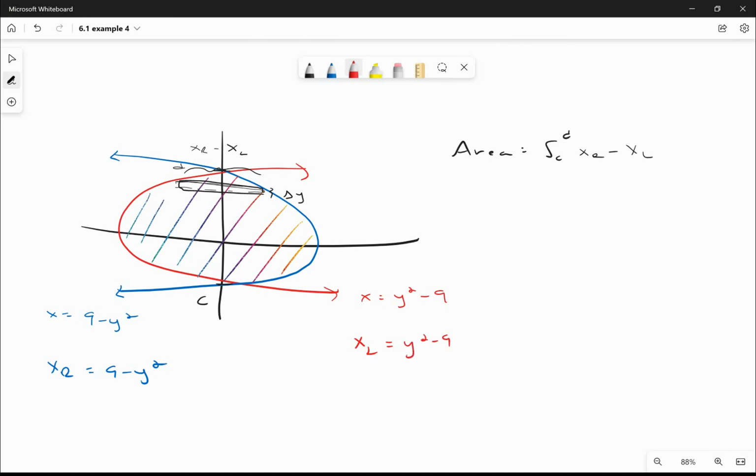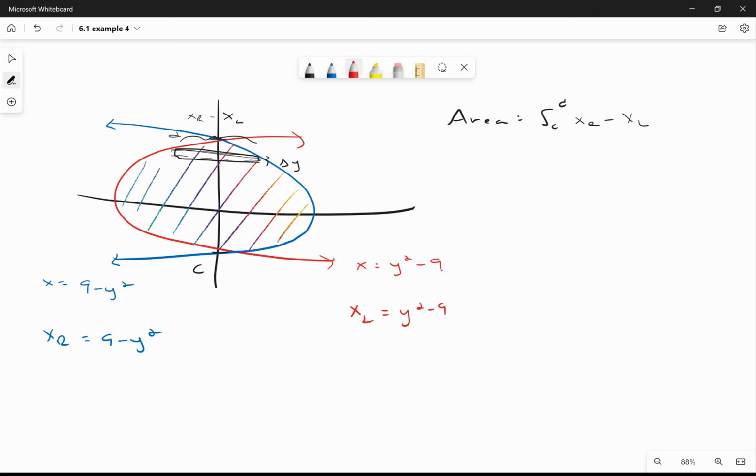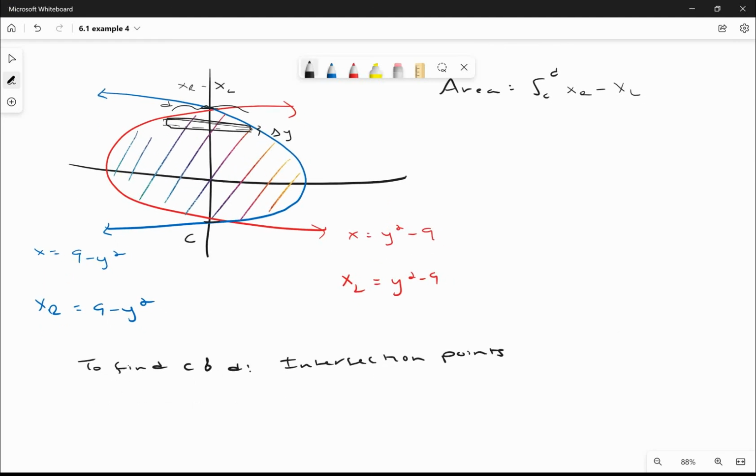We can clearly see that the curves intersect at these two points, but in general we want to find our c and d. These are our intersection points, which are where these two curves are equal. So 9 minus y squared is equal to y squared minus 9.